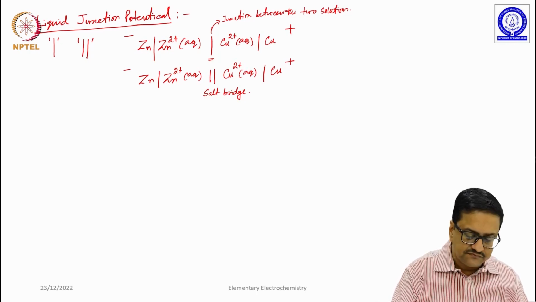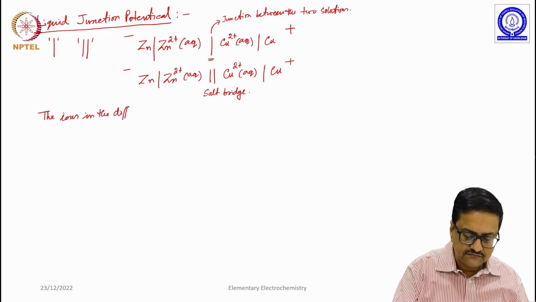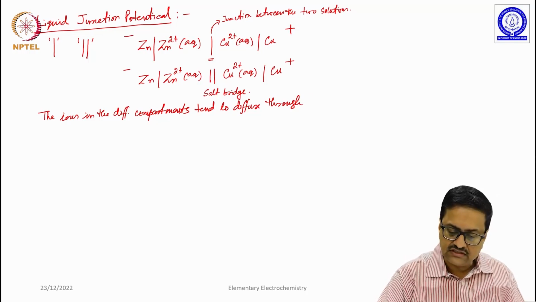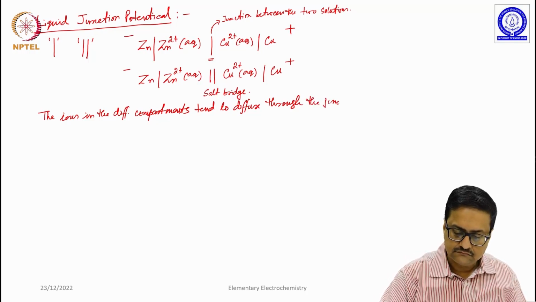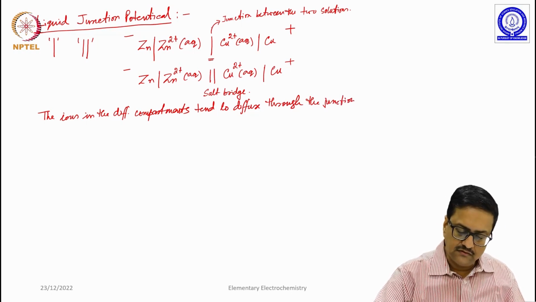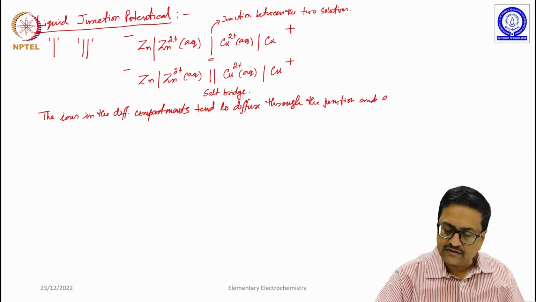Why does it happen? Because the ions in the different compartments tend to diffuse through the junction and generate an imbalance.